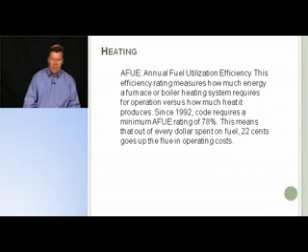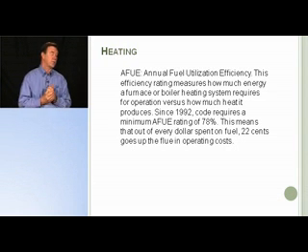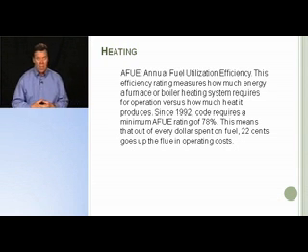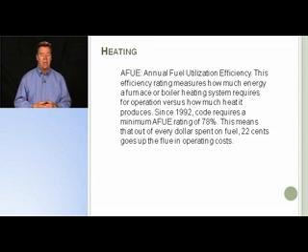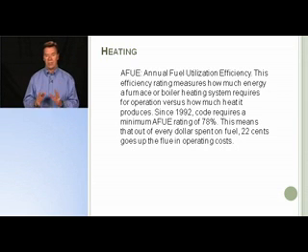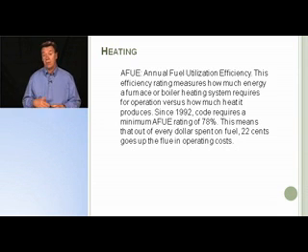Now, another factor that we want to think about is understanding the efficiencies of our furnaces and our air conditioners. For heating systems, our furnaces are rated by what we call AFUE. That's annual fuel utilization efficiency. Basically, it's how well the furnace utilizes that fuel. In other words, the higher the number, the more efficient it is.